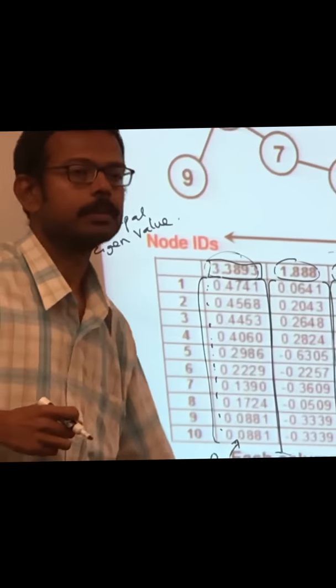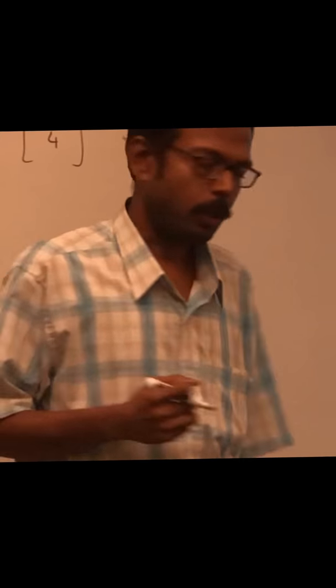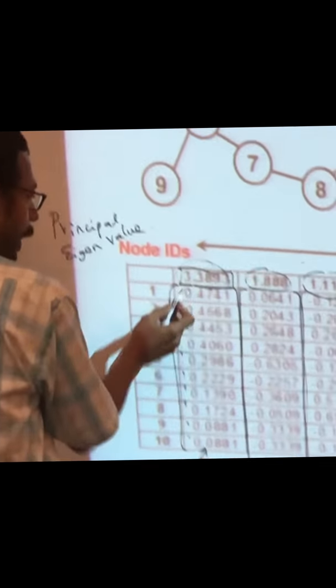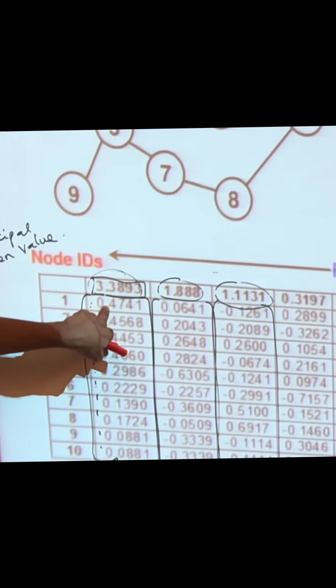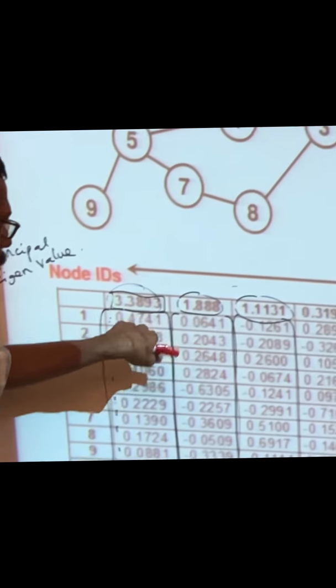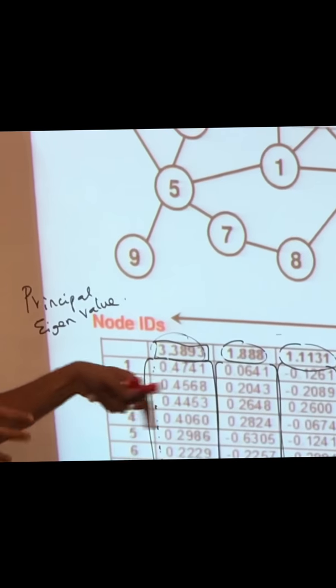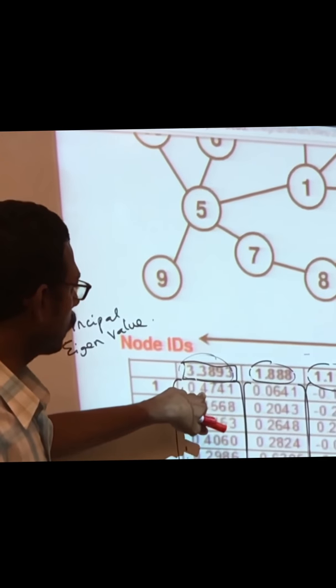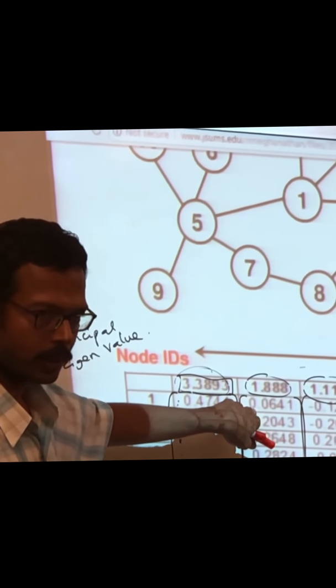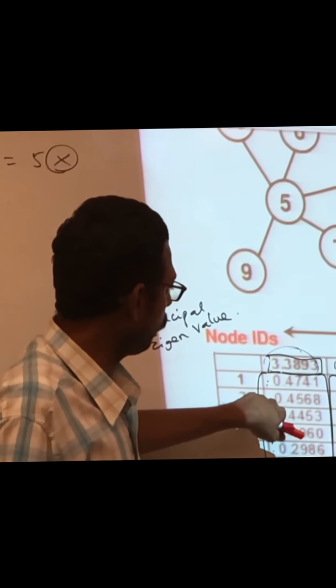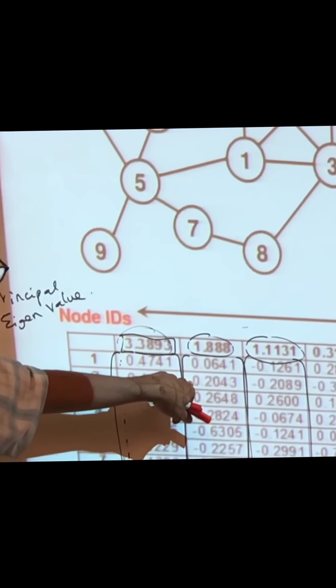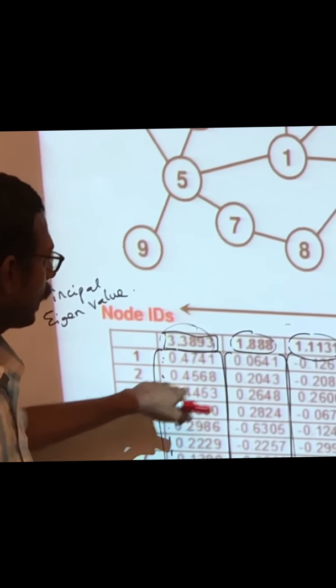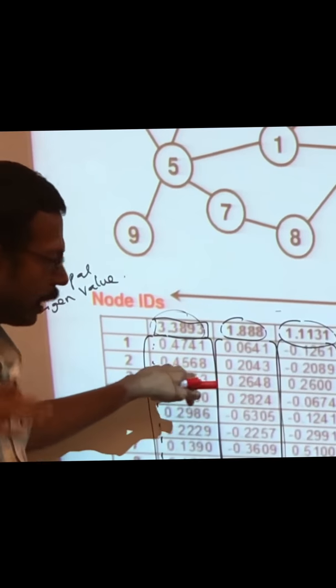So now, if you take the dot product of any two eigenvectors, it's going to be 0. So how do we take the dot product here? Multiply the corresponding entries. So 0.4741 multiplied by, say, I'm comparing the first two vectors, you could pick any two vectors, 0.0641 plus 0.4568 times 0.2043 plus 0.4453 times 0.2648 plus, so you keep on doing the multiplication and add them.